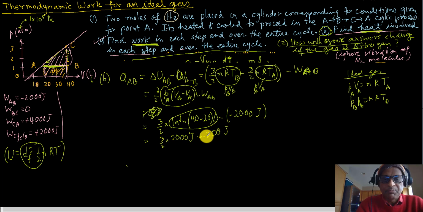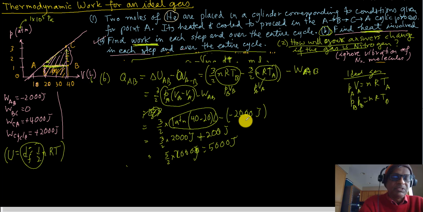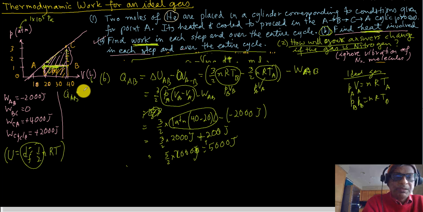So this is 3/2 plus 1, which is 5/2, times 2000 joules. So this is actually 5000 joules. So 5000 joules actually went in to take it from A to B, and this is plus, so heat has to flow in. So QAB we found is 5000 joules.